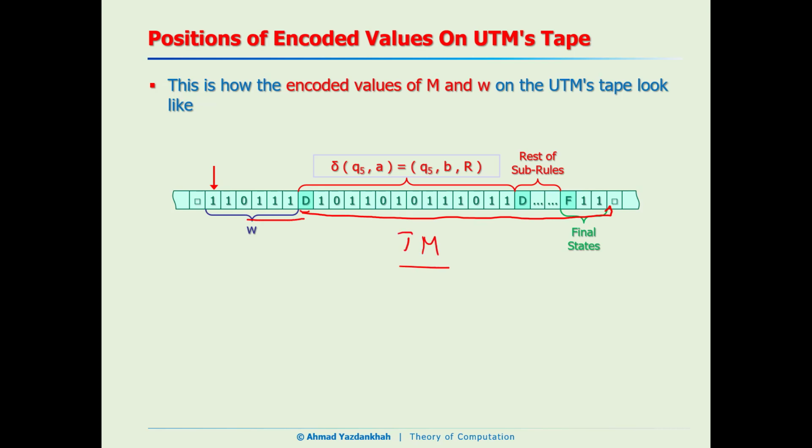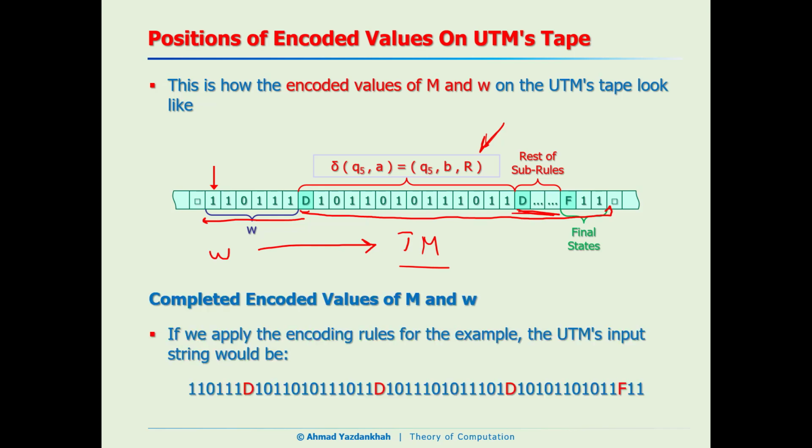And from here to here is the string that we want to input to this Turing machine. I mentioned here only one subrule because I don't have enough room. We can continue with the other subrules, but the completed code for this example looks like this.